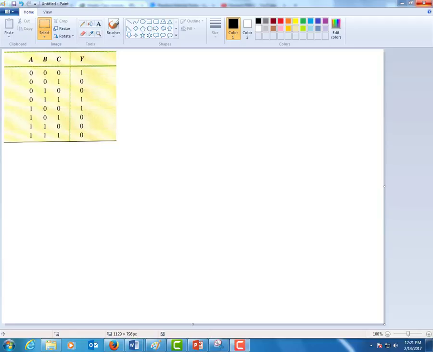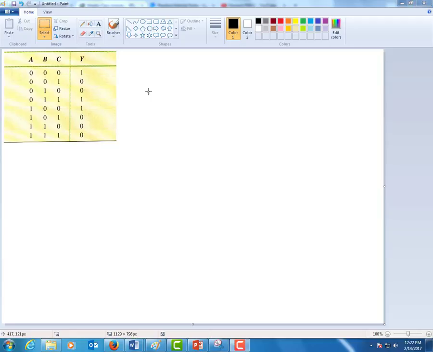Now what's happening is you are being given a truth table, and we want to turn that into a Boolean expression. Think about it. If you can take a truth table and turn it into a Boolean expression, then you can take that Boolean expression and turn it into a schematic. You could build the circuit, and bingo. I mean, you can do just about anything, right?